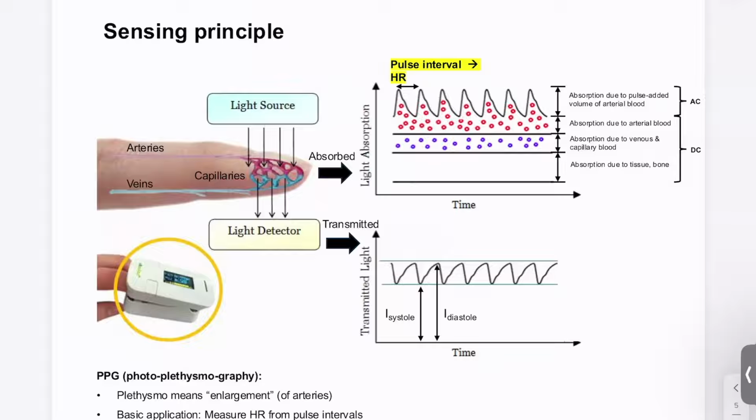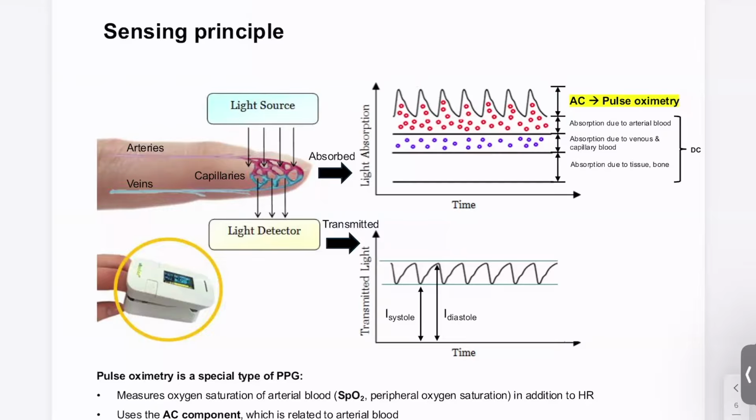Depending on the percentage of oxygenated hemoglobin, the amplitude will be different, because oxygenated and deoxygenated hemoglobins have different absorption properties. So the AC component can tell you about SpO2, where P refers to peripheral oxygen saturation. This is the oxygen saturation of your arterial blood as it goes from central to peripheral.